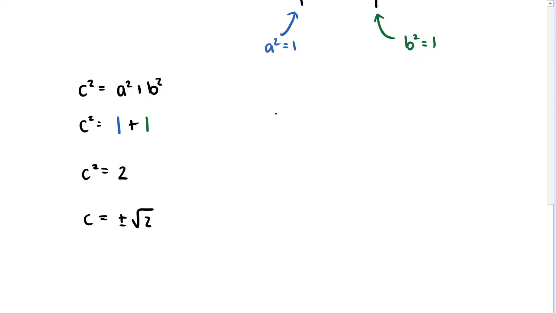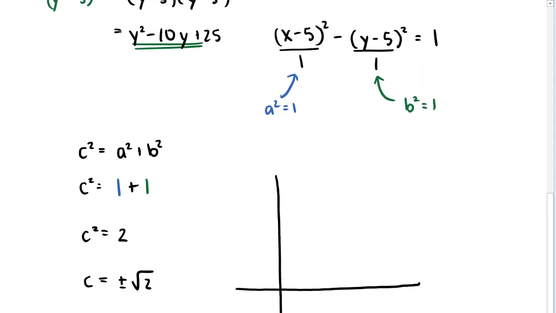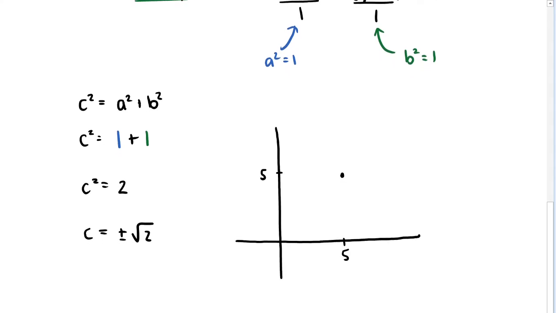So if I just draw a quick sketch of the hyperbola we have here. We've got the center at the point 5, 5, so maybe I'll just plot it here. So that's the point 5, 5. And we know that a and b are 1, so if I go 1 unit to the left, 1 unit to the right, 1 unit up and 1 unit down, I have the box I use to draw the asymptotes.